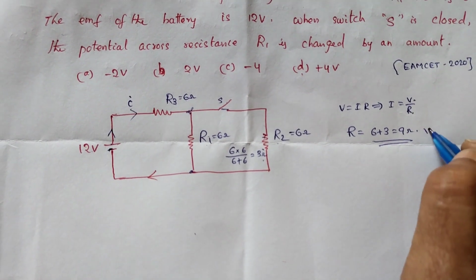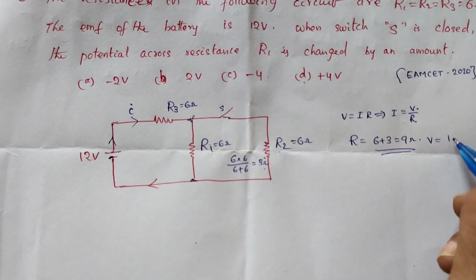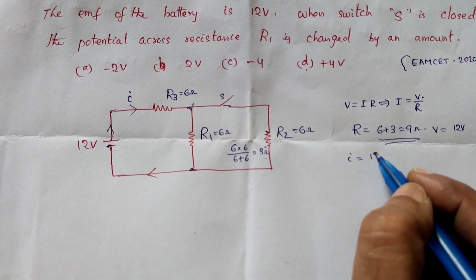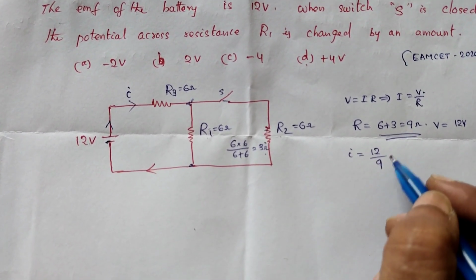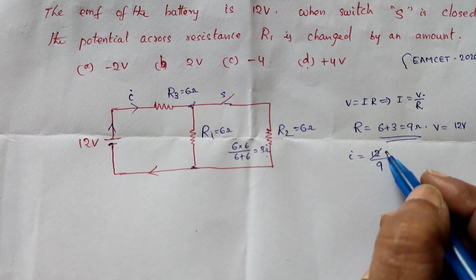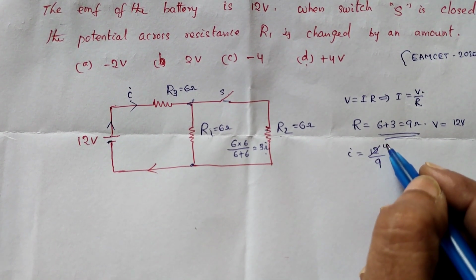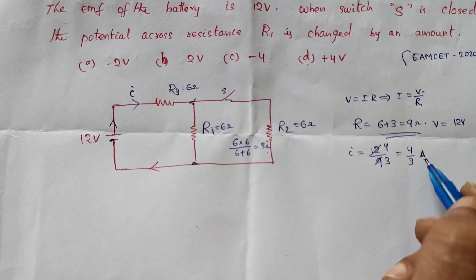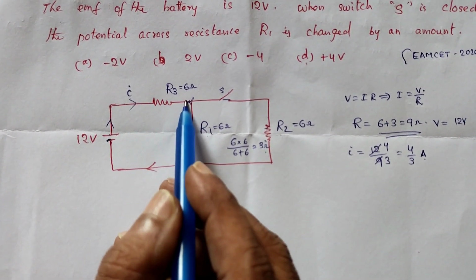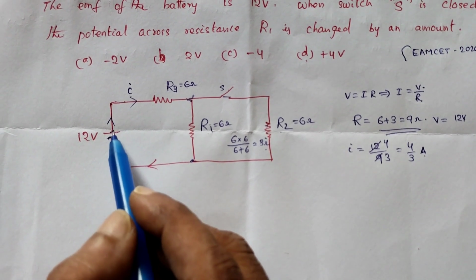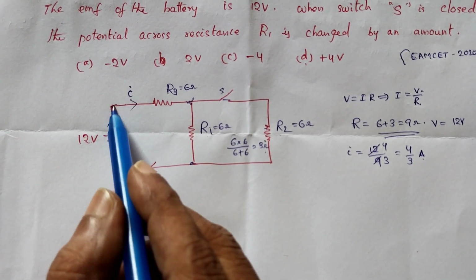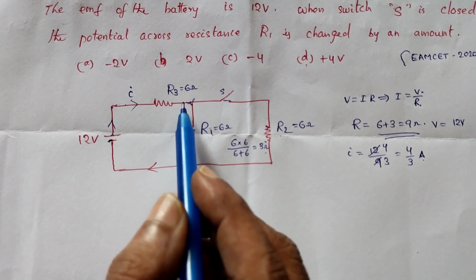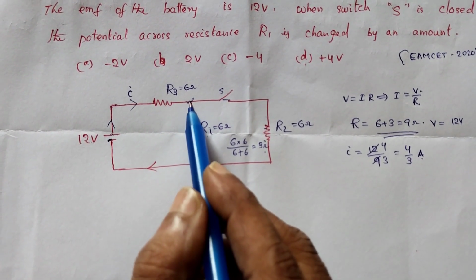And the potential difference here is 12 volts. So the current I is equal to V by R, that is 12 by 9, which is 4 by 3 amperes flowing in this circuit. So the current flows from the positive terminal through R3, and here the junction comes.